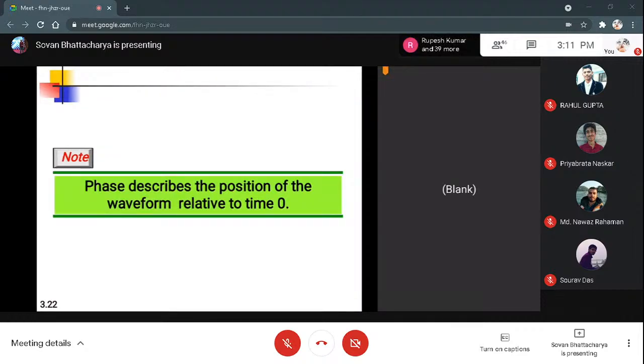Initially it should be 0. Then positive or negative: 180 is the negative side on the x-axis. 0 means the x-axis, then 90 degrees is positive, then on the left side is 180, and on the negative side also 270. So phase describes the position where the waveform is, which coordinate the waveform is at, and it depends on time.